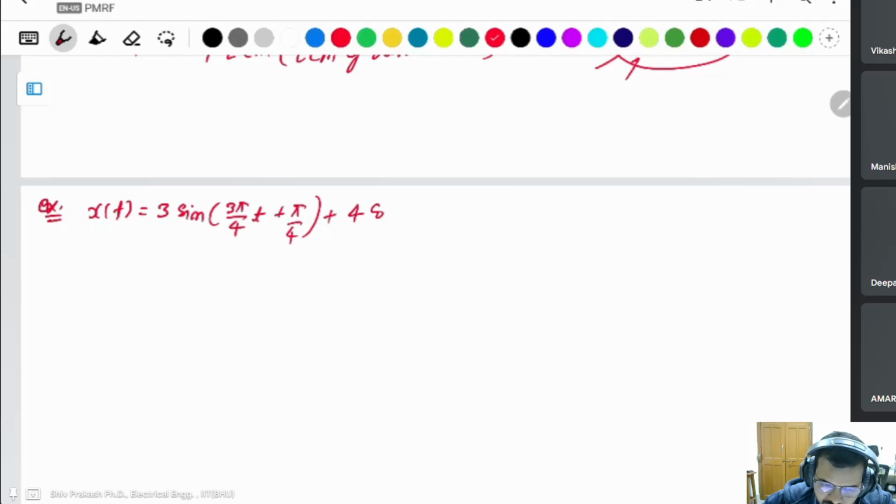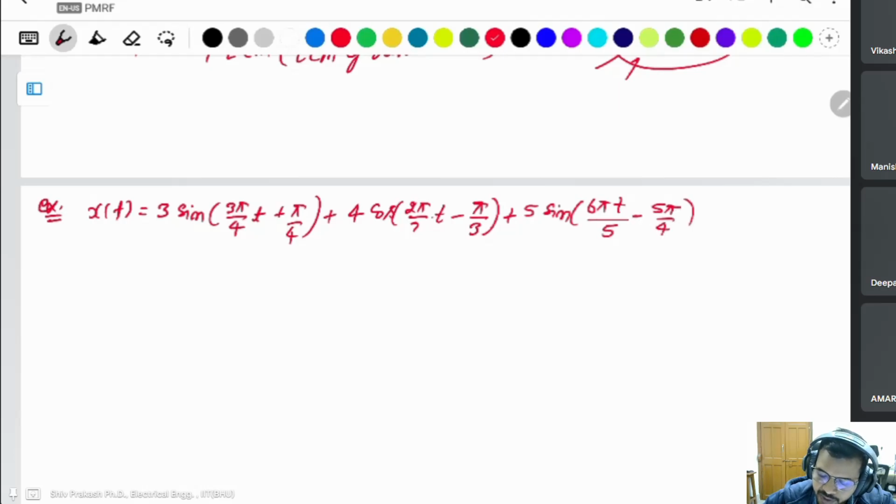Plus 4 cos(2 pi by 7 into t minus pi by 3) plus 5 sin(6 pi t upon 5 minus 5 pi by 4). These are the three signals. The x(t) is a combination of the three signals, and it asks about the fundamental frequency.